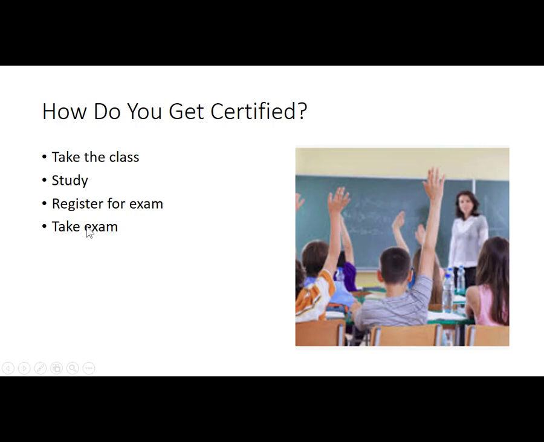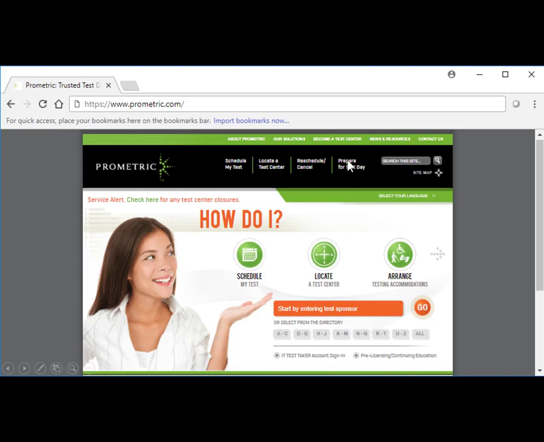So how do you get certified? You take the class, you study for the exam, you register for the exam, and you take the exam. You take the class at CCBC. The course number is DCOM 141, in case anybody wants to sign up for it. And then you register for the exam at Prometric. They are a commercial testing center, unaffiliated with the community college, and they do all kinds of tests.